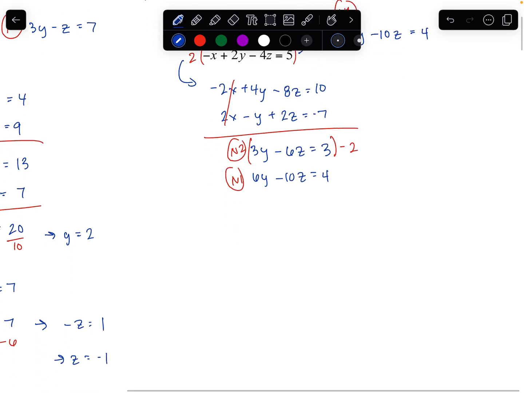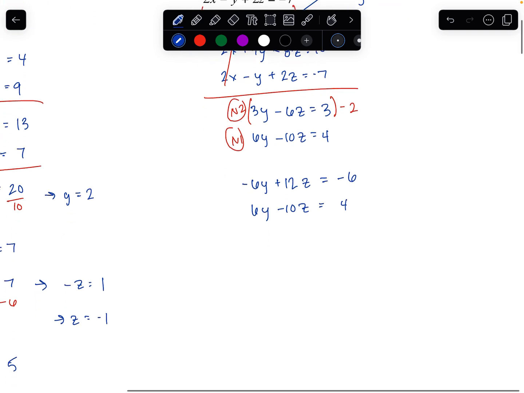Okay, that's negative 6y plus 12z equal to -6, and then 6y minus 10z equal to 4. Let's add them together, and I get 2z is equal to -2, and when I divide by 2, I'll get z is equal to -1.